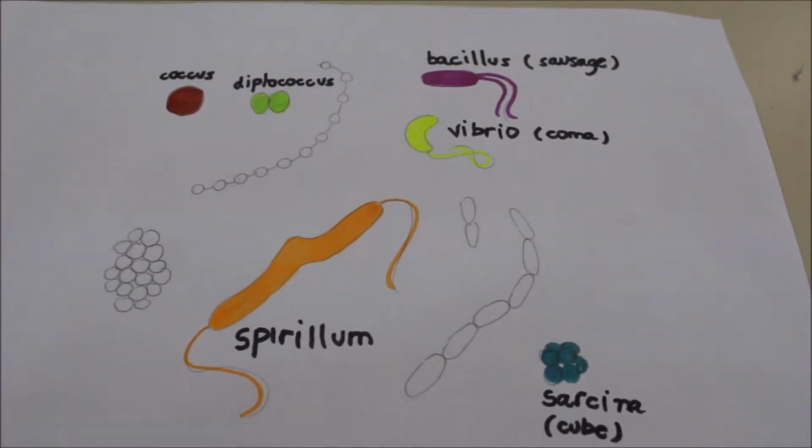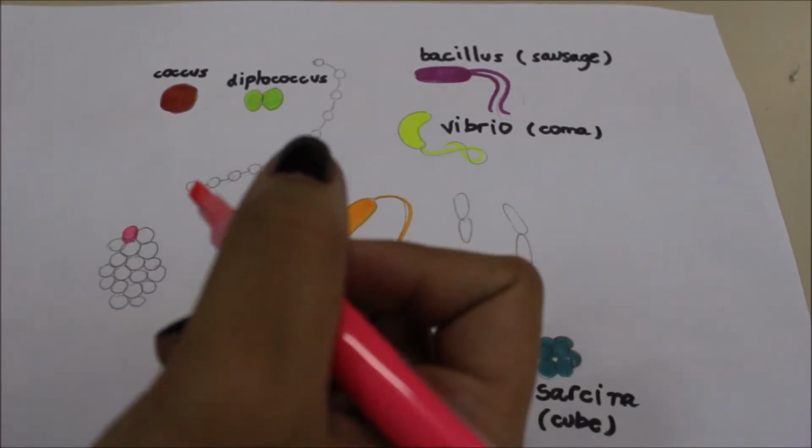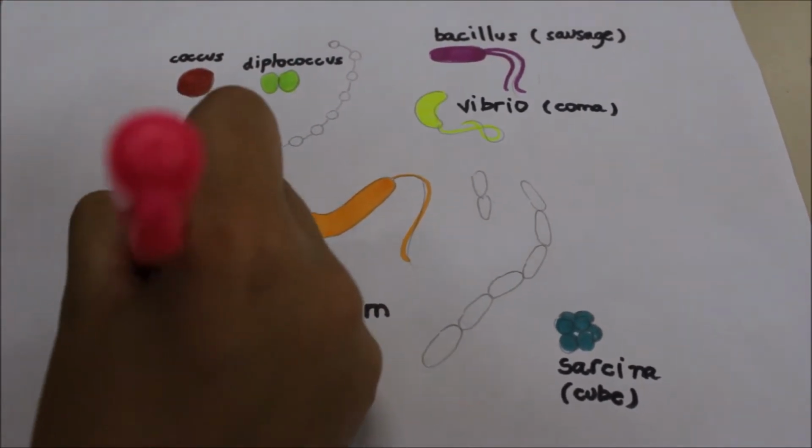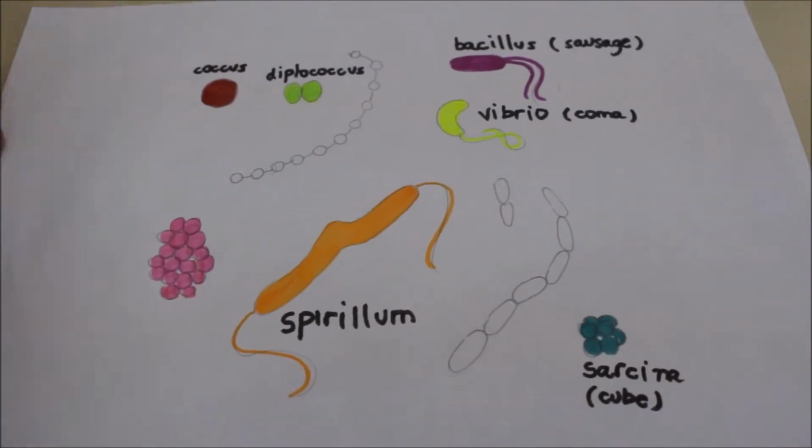If lots of coccus are joined together, looking like a bunch of grapes, the name is Staphylococcus.